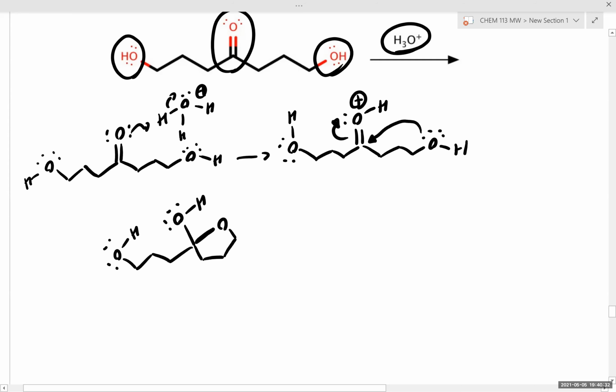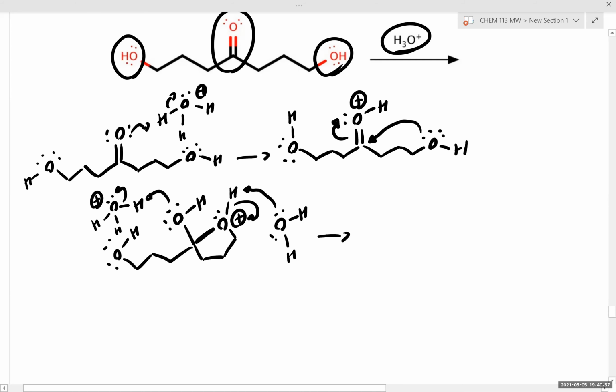From here, we now have a series of proton transfer steps, the first of which involves protonation of this alcohol to activate it as a leaving group and removal of a proton from our nucleophilic alcohol oxygen atom in order to free up a lone pair.